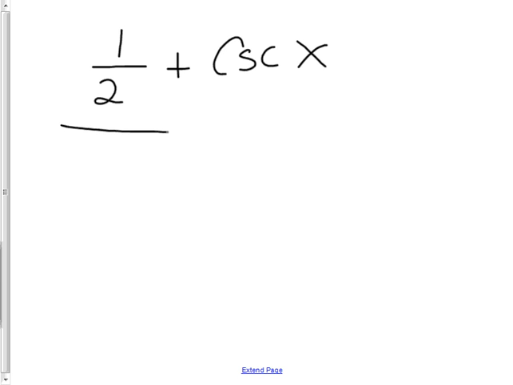But if you ever have 2 things that are fractions, like 1 over 2 plus cosecant of x, if you need to simplify it more because it's in the middle of a big problem, and maybe the rest of the big problem is it's all over, let me think, sine of x.